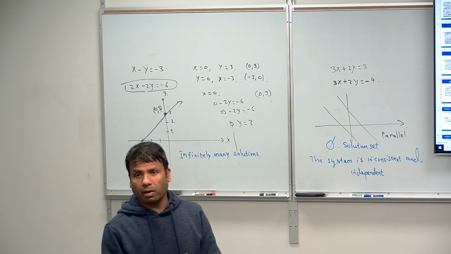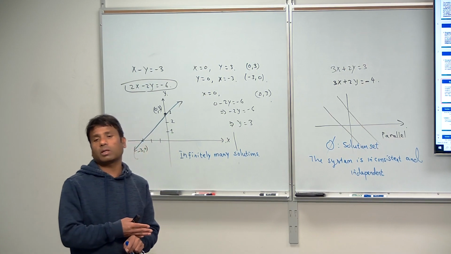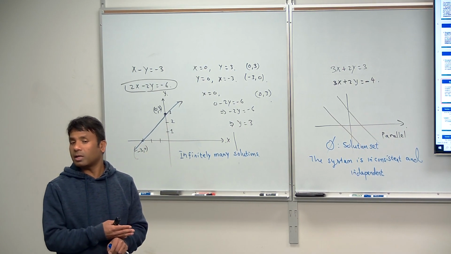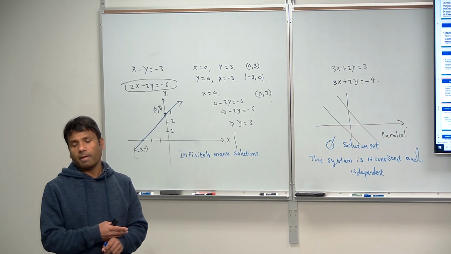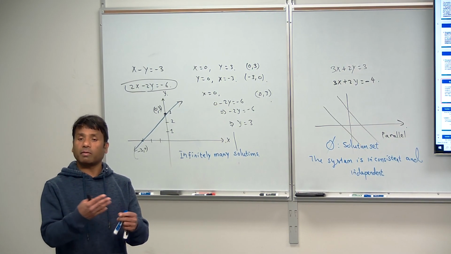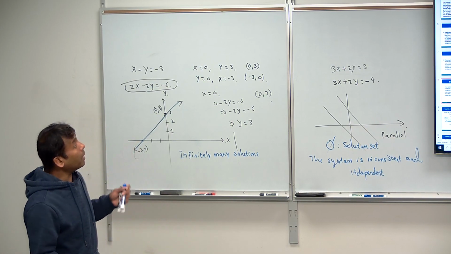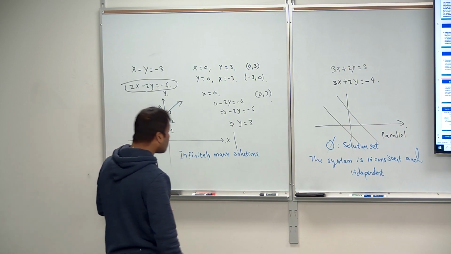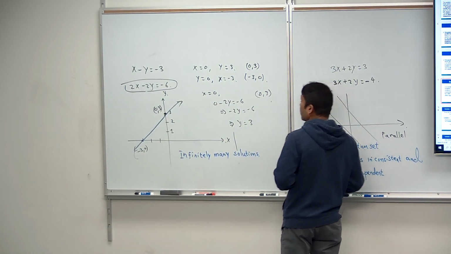If you draw the graph and the graphs intersect at a point, the intersection point is a what? Solution. If the graphs do not intersect, no solution, right? If the graphs overlap, infinitely many solutions. You can draw the graph also, but mainly we will talk about the substitution and elimination methods.